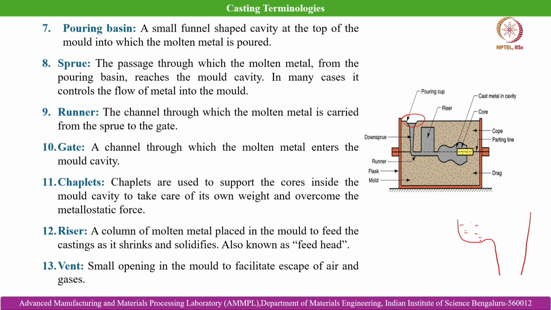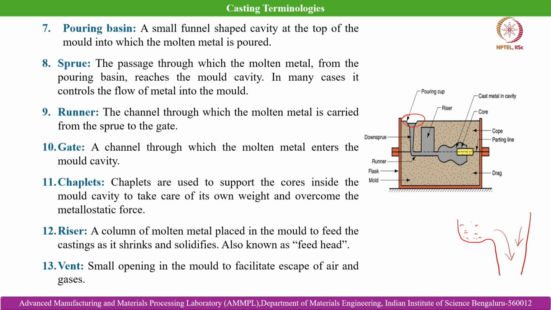Here you can see that it can be useful to trap the dirt or inclusions, unwanted parts which are present in the liquid melt. Even after careful melt preparation, there can be some unwanted objects or inclusions which can get trapped in the pouring basin, so that they do not get into the mold cavity through the sprue.